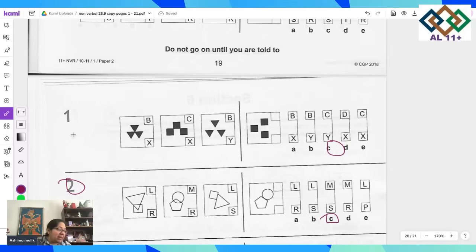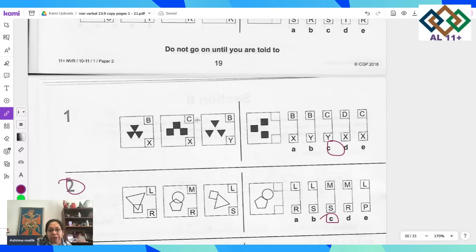So in this one, you just have to see what each alphabet tells you. So if you look at that, we need something like this one. We are looking for a square one.